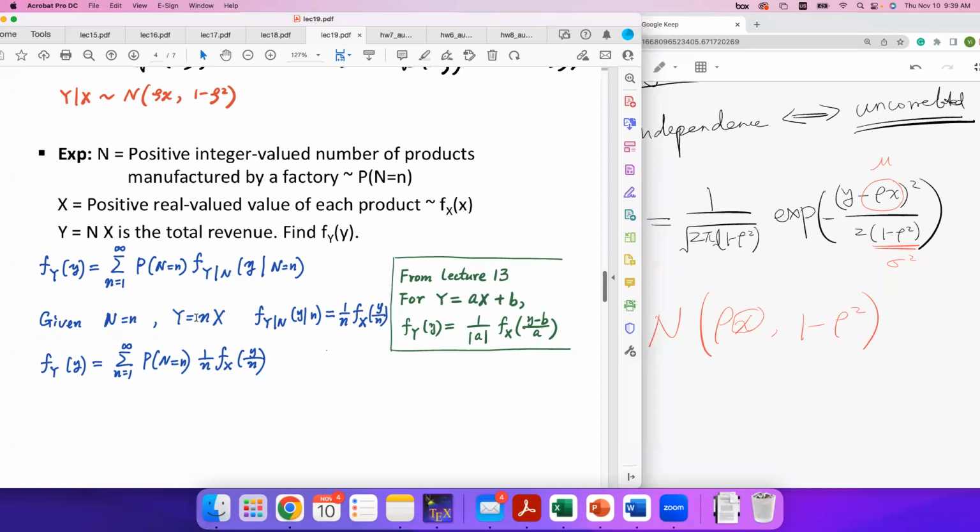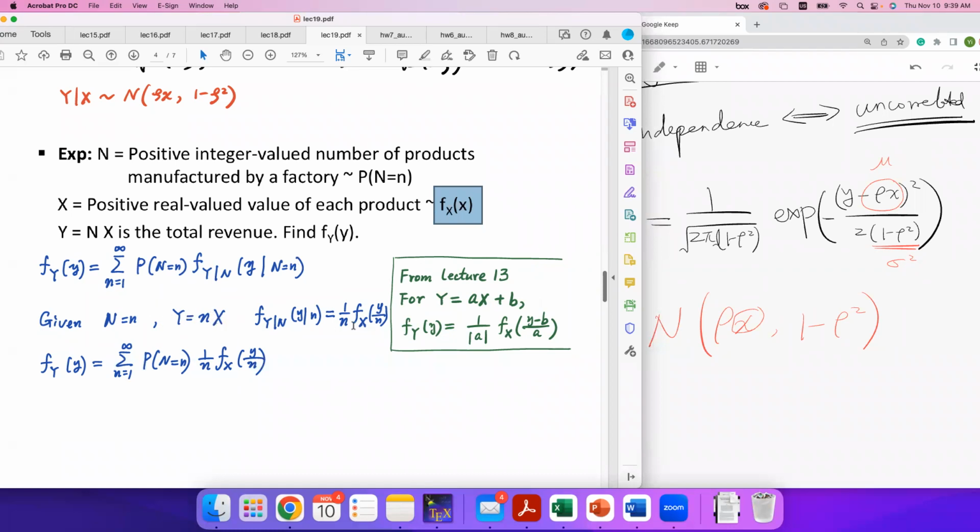So y equals n times x. Okay, so in this case, given this condition on this number, y and x are proportional to each other, right? Y is n times x, but this n is given. So this is a linear function. It's a linear function. Now, we know the PDF of x. We know the PDF of x, and y is a linear function of x.